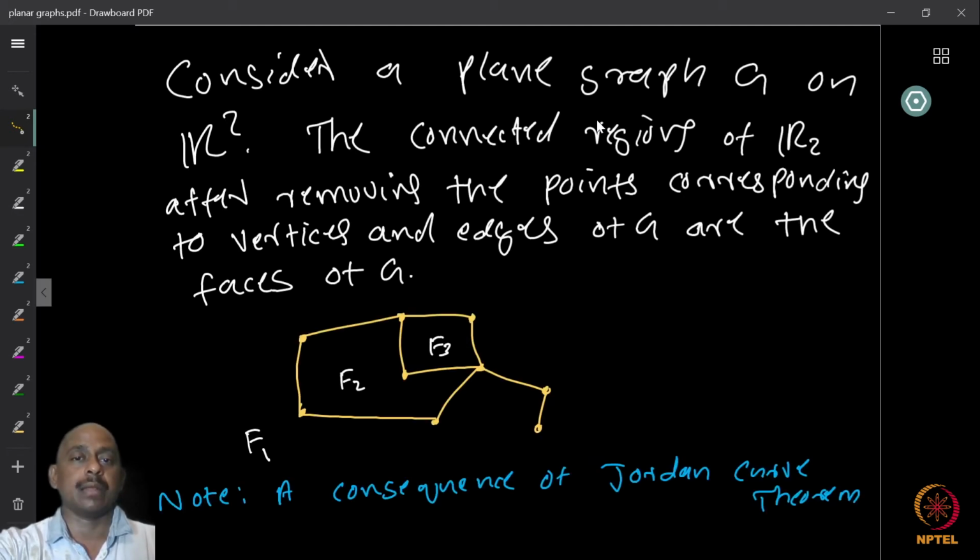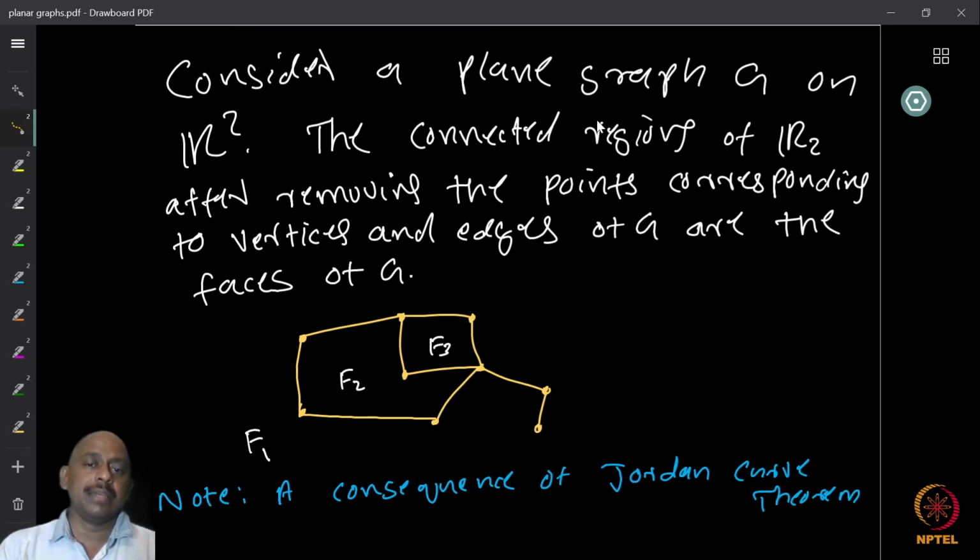Now, let us look at an example on R2. Consider a plane graph on R2. If you look at such a representation, intuitively speaking, you will see that if you take any cycle in the graph, then the cycle basically forms a kind of closed curve.